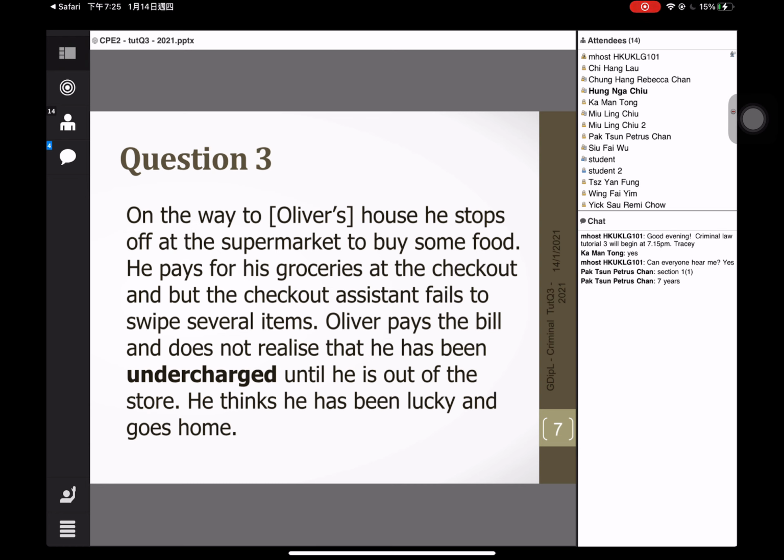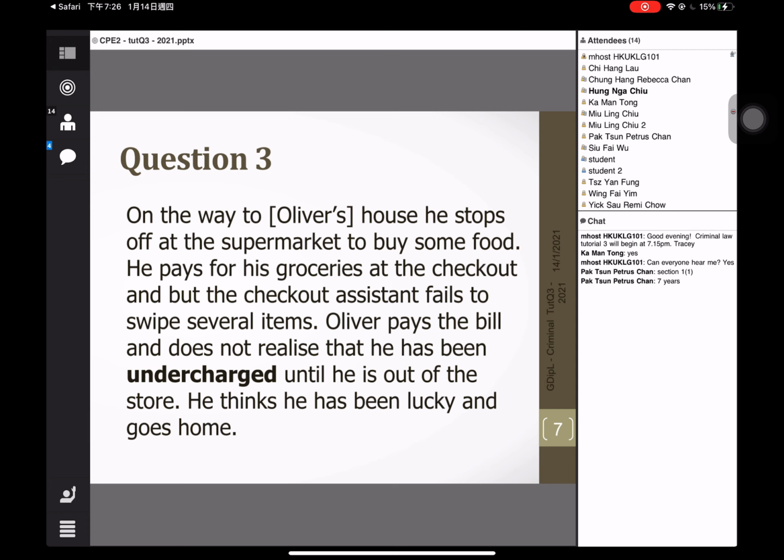And then the final incident, so we're going through all these sub-incidents in the chronology of the answer, Oliver is on his way home. He stops off at the supermarket to buy food, and the groceries are checked out by the checkout assistant, but she misses a few items.